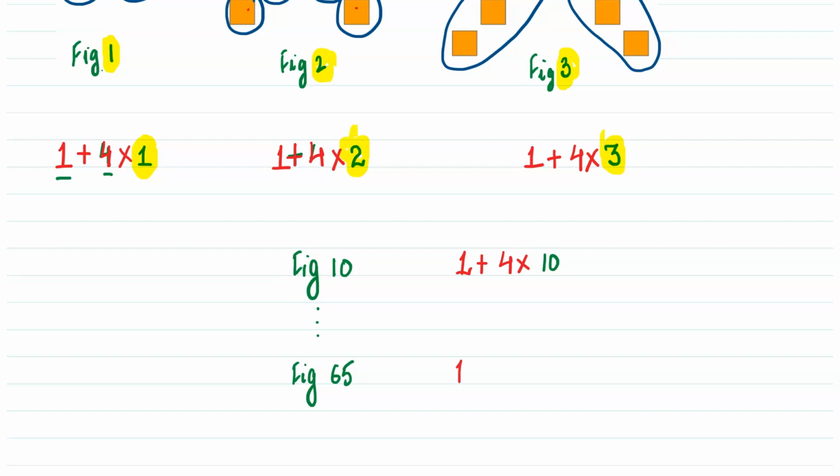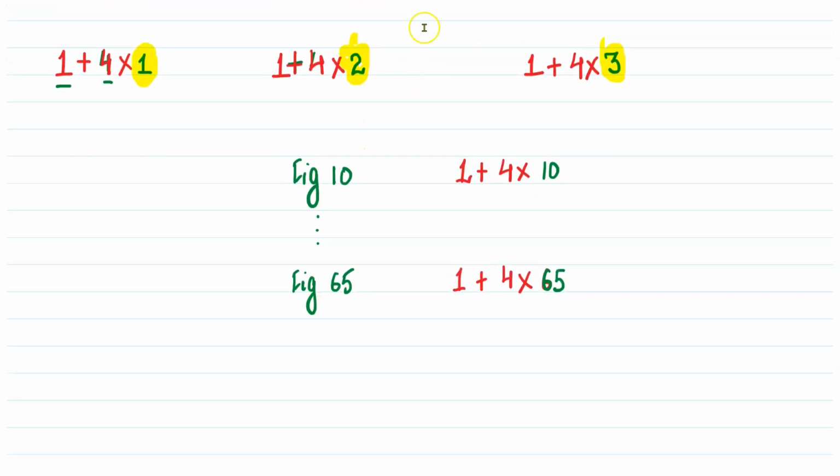Yes, 1 central tile plus 4 corners and 65 tiles on each corner. So like this. Now can you figure out the formula for figure n? Yes, 1 central tile plus 4 corners and n tiles on each corner. So this is the formula for the nth figure.